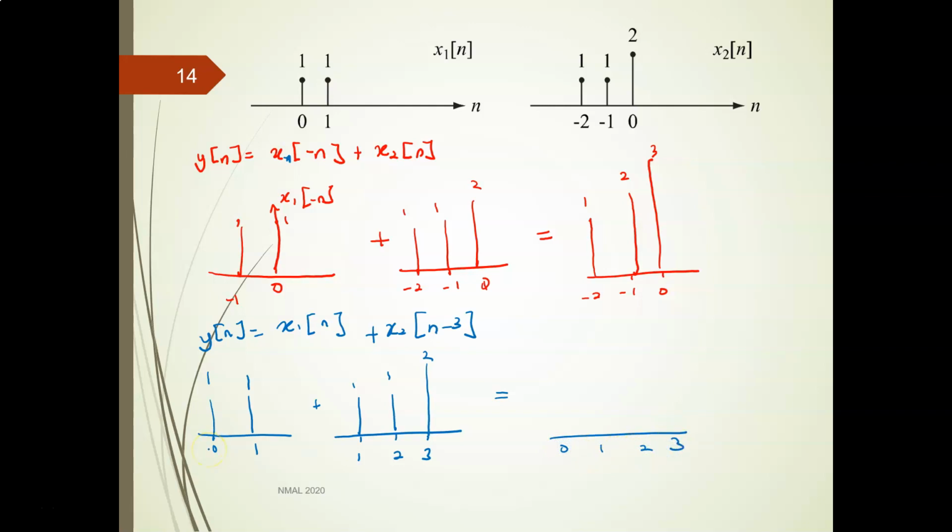At n equal to 0, 1 plus 0 is 1, at n equal to 1, 1 plus 1 is 2. If you want to sketch, it's better for you to put the values of the magnitude on top of your line here. And at n equal to 2, the value here is 1, and at n equal to 3, the value here is 2. This is the new y[n].